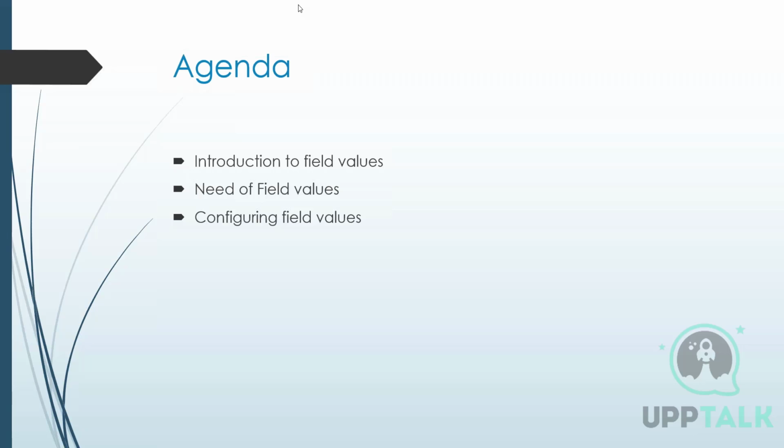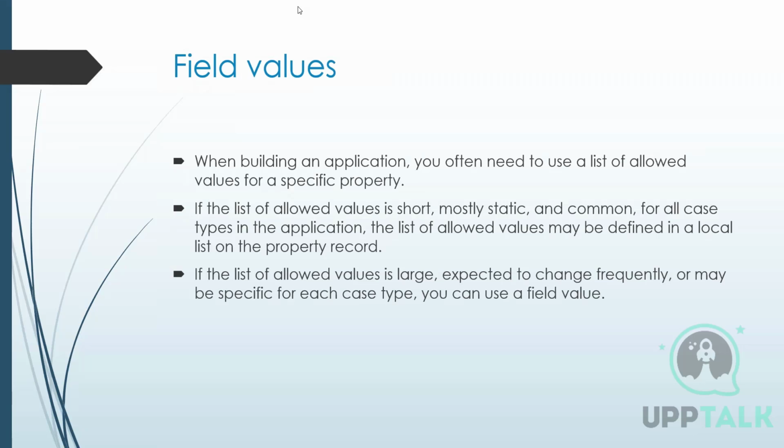So generally what we do is we would put it as a local list directly on the property level, so that I can make changes directly on the property. Yes, as a local list we would ideally do that. But if I have around 200 countries to be listed, is it practical for me to list all 200 on the property?